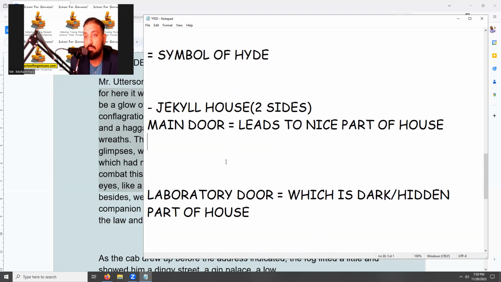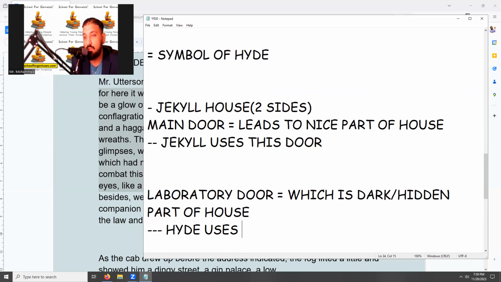Jekyll uses this door. Hyde uses this door. Again, this is obviously a symbol for the two of them.